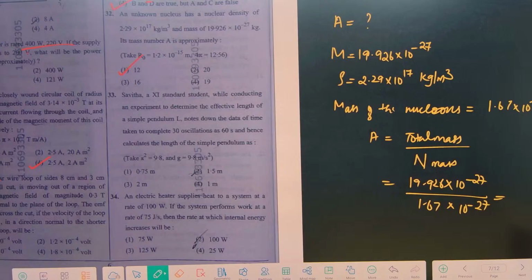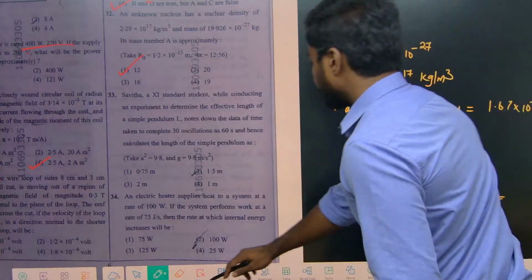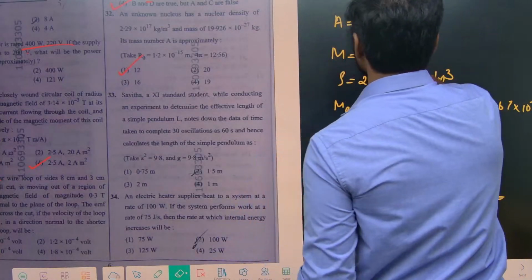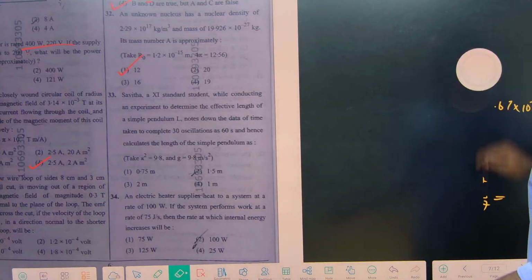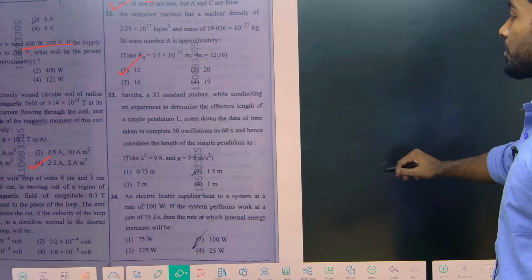So 33rd question, what they are saying: Savita, 11th standard student, while conducting an experiment to determine the effective length of a simple pendulum L, notes the time taken to complete 30 oscillations.